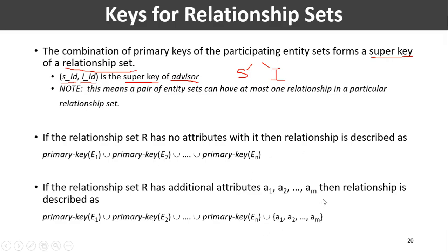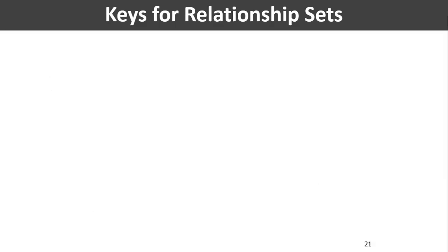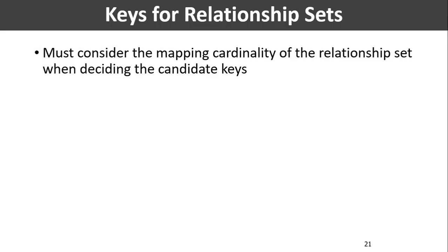And I'm just making you aware of one concept. We are not going into the details right now. If this is how I'm going to describe my relationship set R, then not only do we have the super keys for the relationships, but we may also have the candidate key and the primary key for the relationship sets.